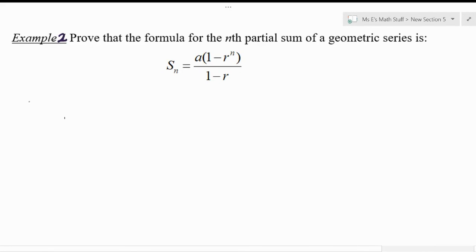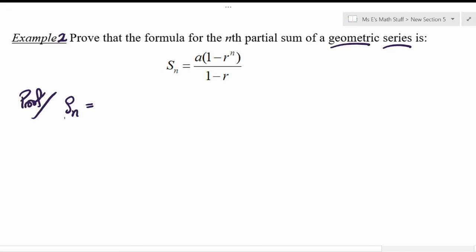First, we would write the word proof and underline it. The proof is going to start out with an expression for the sum of the first n terms, in a term by term fashion. Keep in mind that this is only for geometrics.